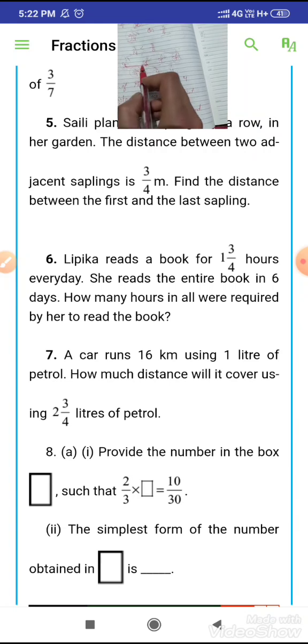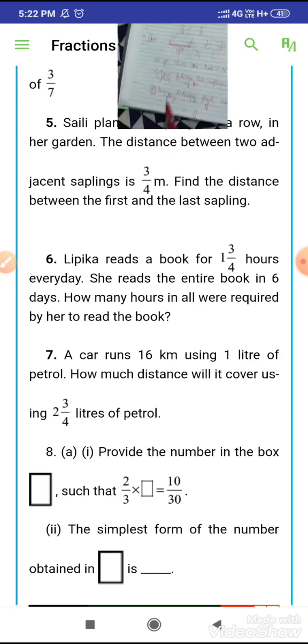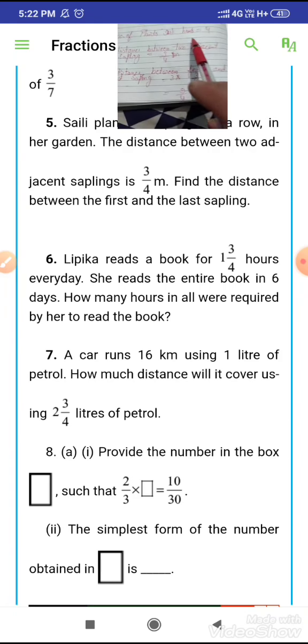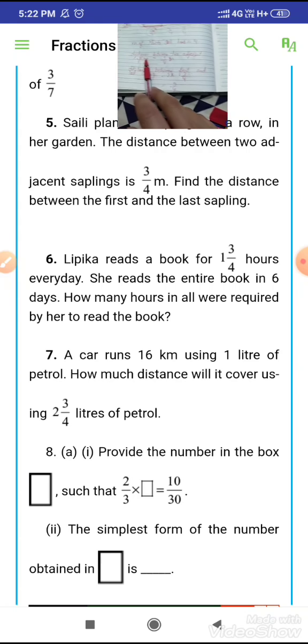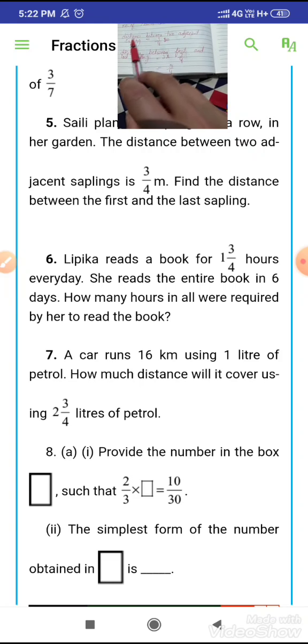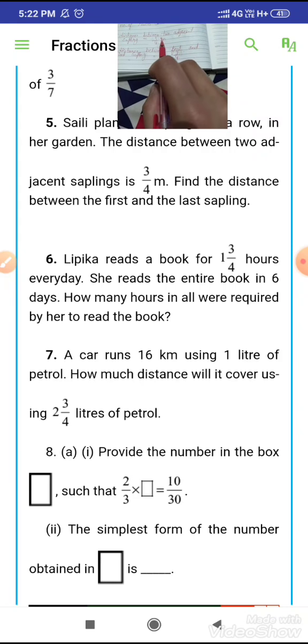For this we multiply 3 by 3 upon 4, but first we write the number of plants Sally has is equal to 4. Then we write the distance between two adjacent saplings is equal to 3 by 4 meter.